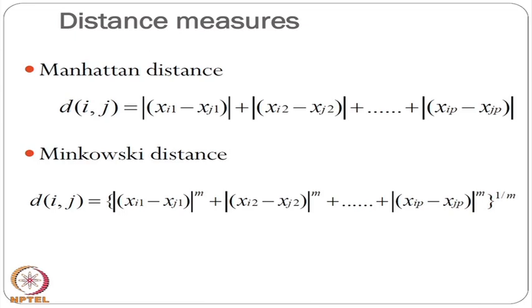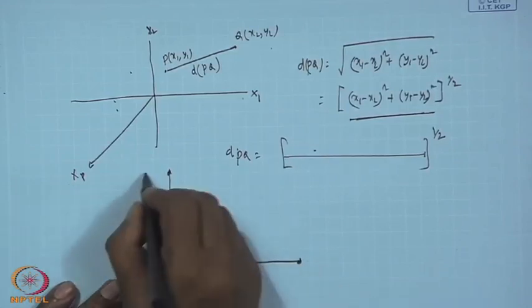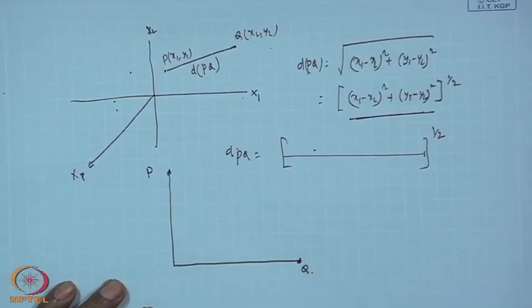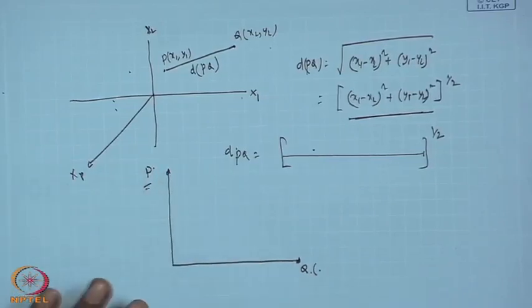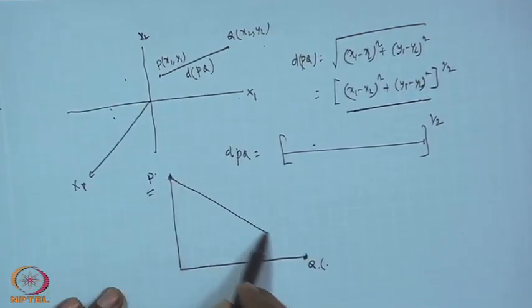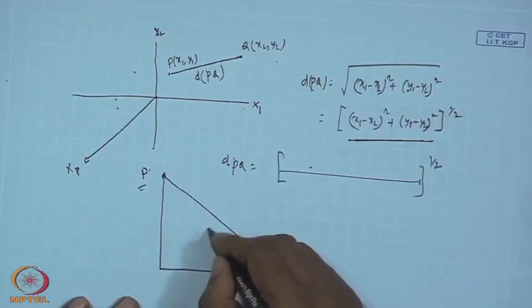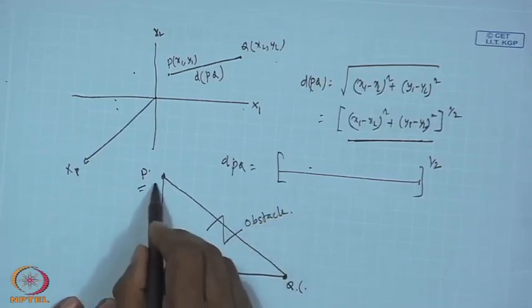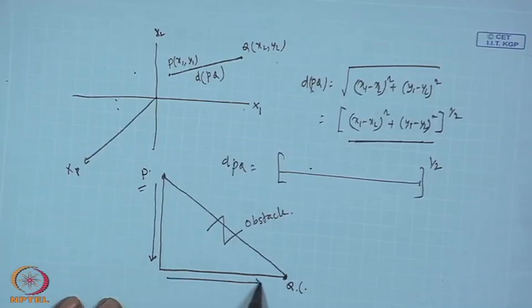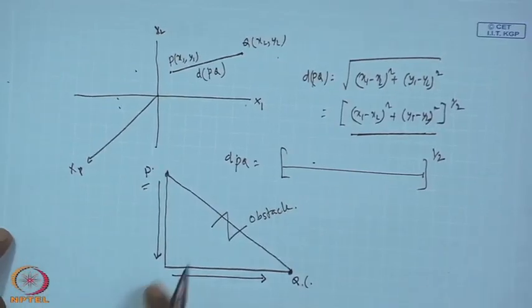The Manhattan distance is like this. Suppose you are here, you want to come here. Suppose this is my P, this is my Q, and these have some coordinate values, a two dimensional case. The shortest one is the straight line, but suppose there is an obstacle, and this is the only way to go, you come here and then follow this.